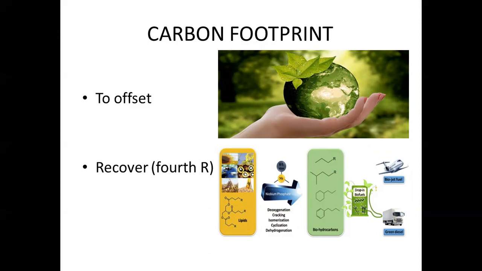When we say offset your carbon footprint, we are preserving, we are trying to help our nature. What do you know about a carbon footprint? It's the amount of greenhouse gases produced by an individual or organization during a specific period of time. So offset is just to reduce, to try to help nature, okay?